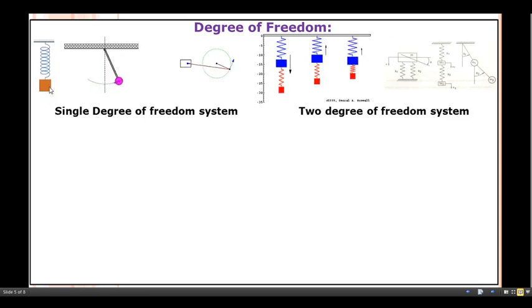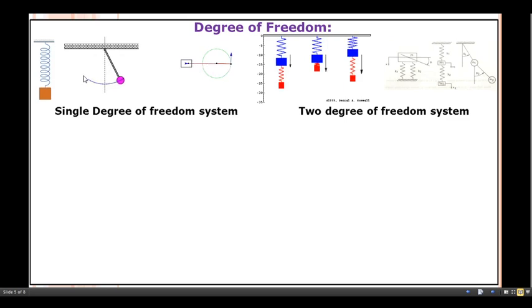Now, how many coordinates are required for the movement of this spring mass system? If you see the constraints given for this mass, the mass will move either upward or downward, meaning only one axis is required. Linear motion is going on here.